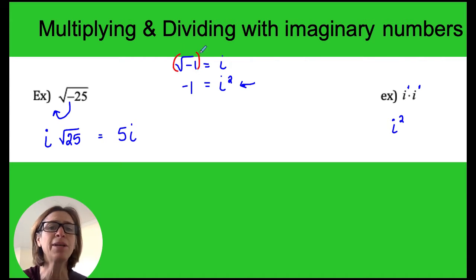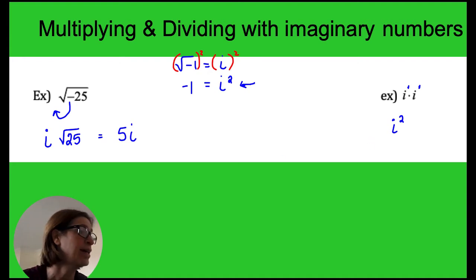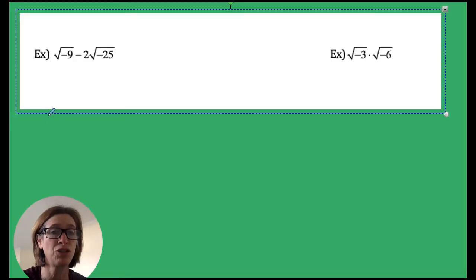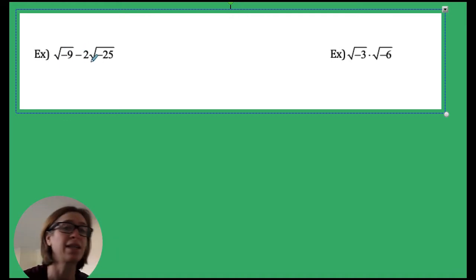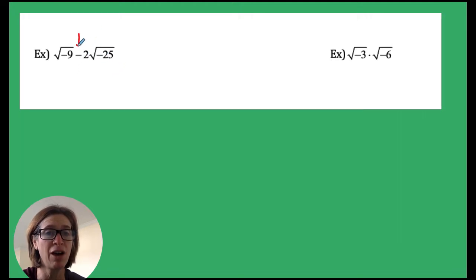All right, let's make it a little bit harder. So now we have the square root of -9 minus 2 times the square root of -25. This is a minus symbol, but we have to simplify each of our imaginary numbers first.